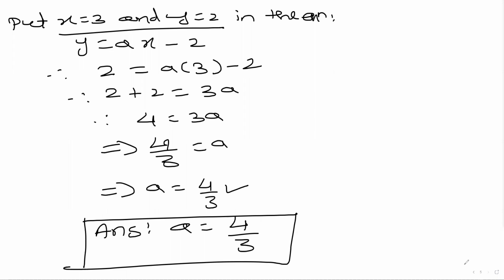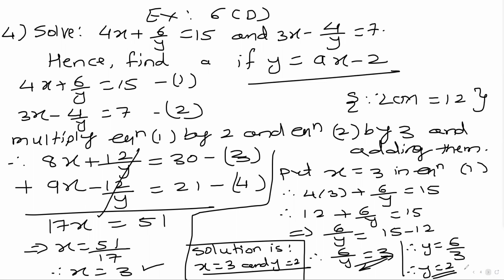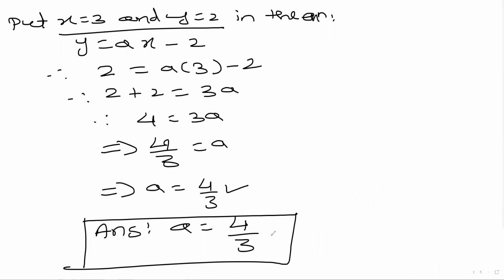But the question carries one more mark for this. If you don't do this, you lose 1 mark. So whenever you get values of x and y, you have to substitute those values in such an equation, solve it, and you will get the value of the unknown. Got it?